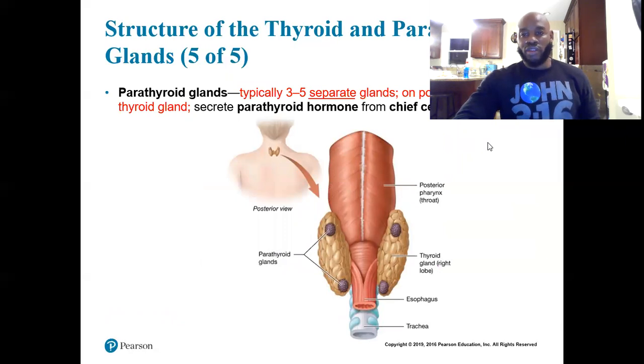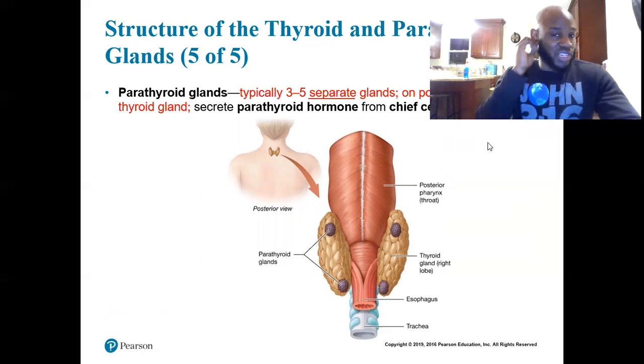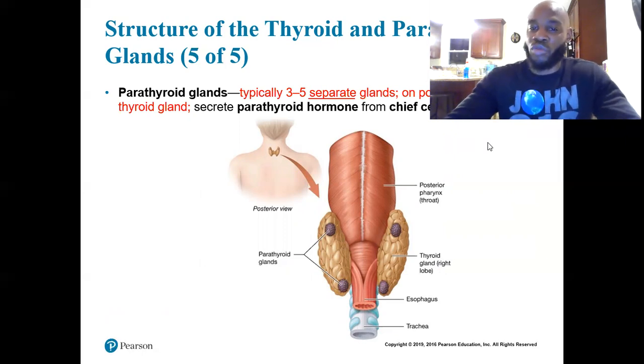The actual parathyroid, so there are two glands here, the thyroid and the parathyroid. The parathyroid is 3 to 5 separate glands on the posterior surface of your thyroid gland. They secrete PTH, the parathyroid hormone, from what we call chief cells.